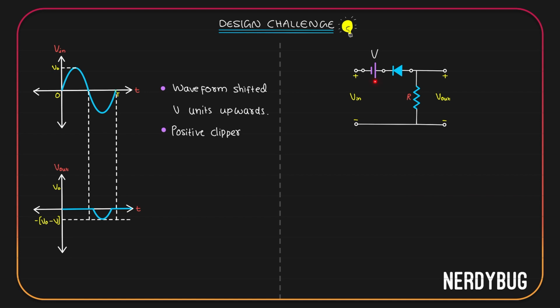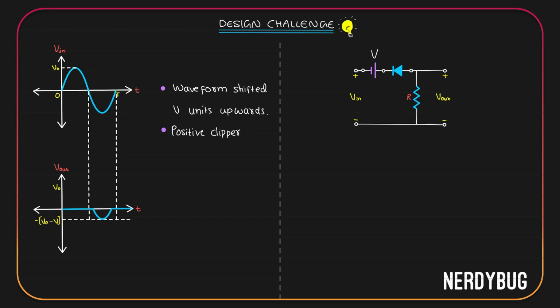Here V is in the direction of the input voltage, so we have negative here and positive here, which means the diode is already in reverse bias. That means unless the input voltage becomes more negative than minus V, the diode is going to be in reverse bias. In that case, we can model the diode to be an open circuit.